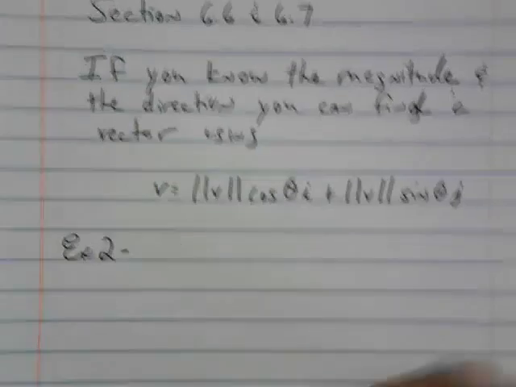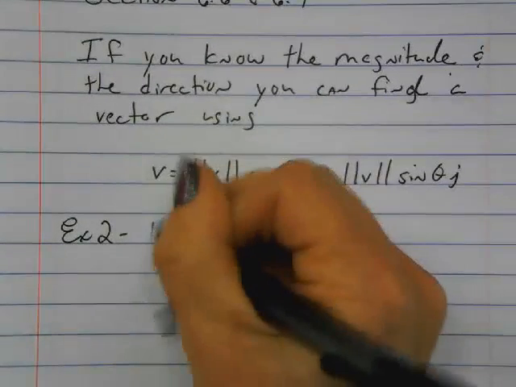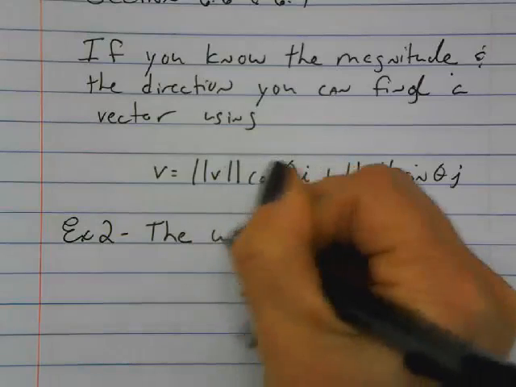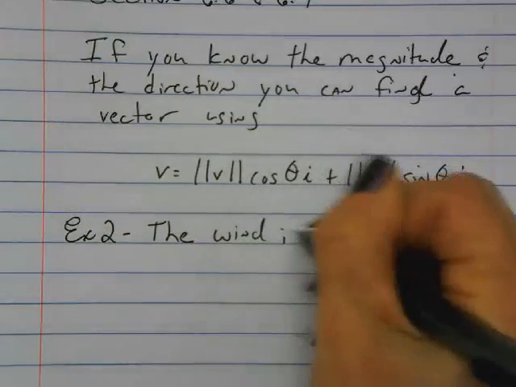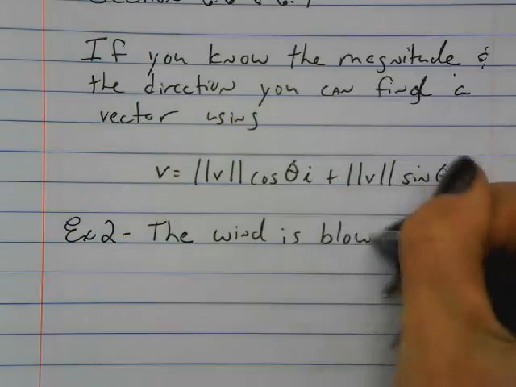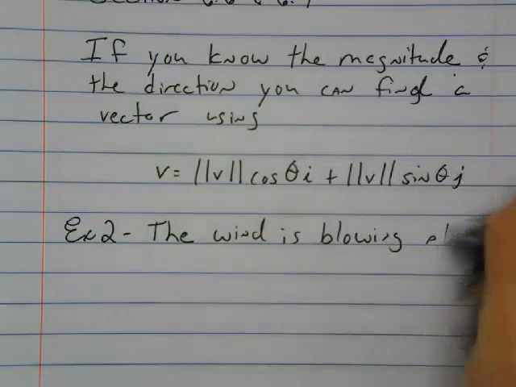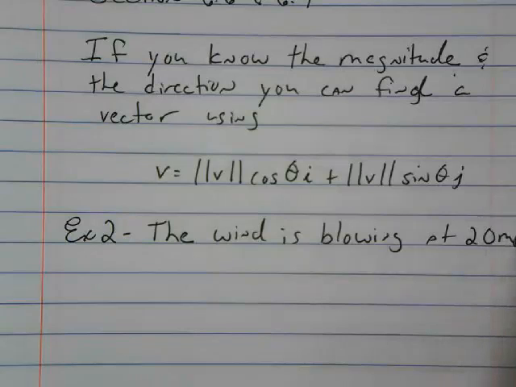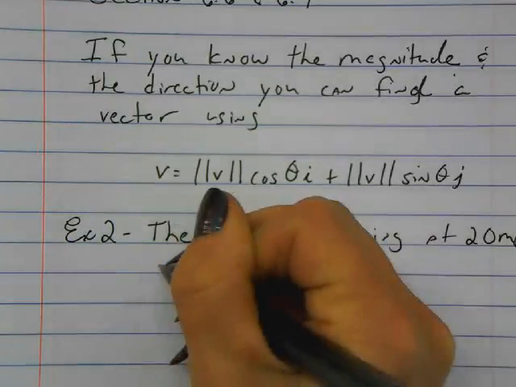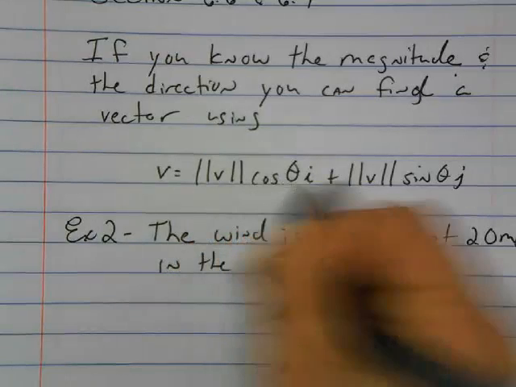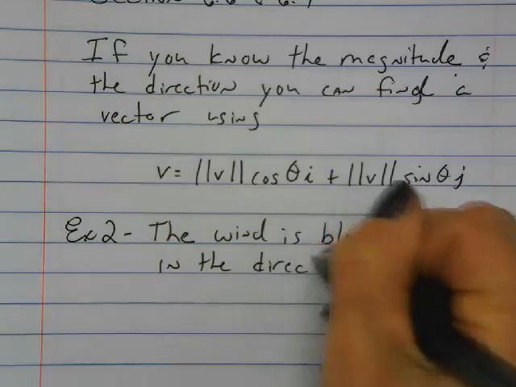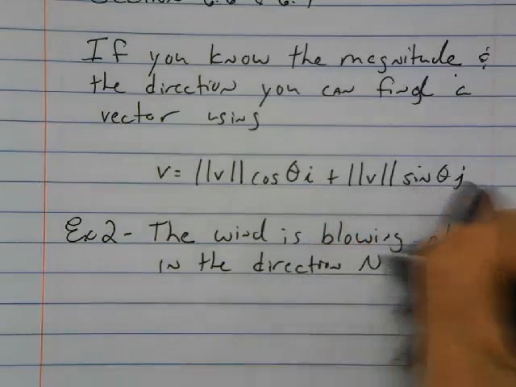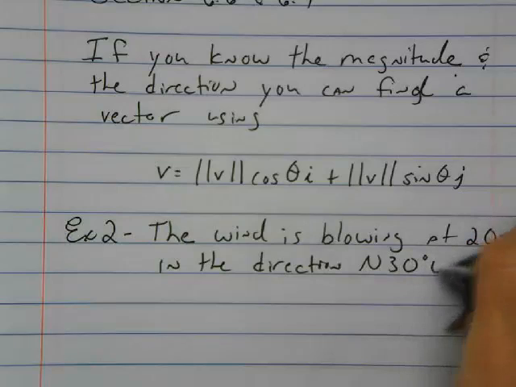And so we had gotten to example 2 in class, or we at least started it. The wind is blowing at 20 miles per hour in the direction north 30 degrees west.